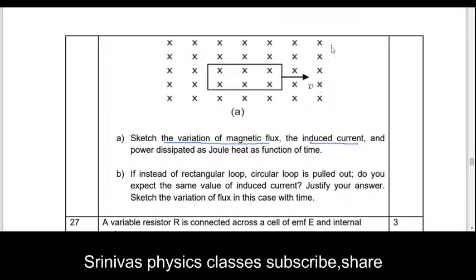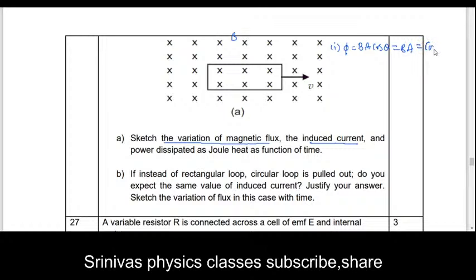First case, what happens to the magnetic flux? First, the flux will be constant because the flux formula is BA cos theta. What is theta here? The field is inside, the area vector also inside, so theta is 0. We get the flux as BA.